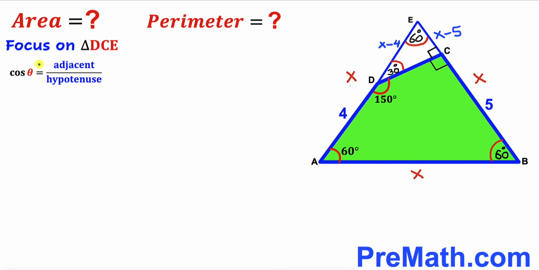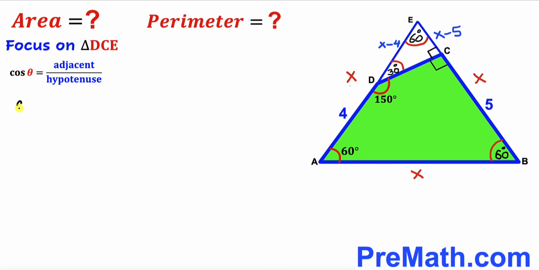Now let's recall this trigonometric ratio: cosine of angle theta is always equal to the adjacent divided by the hypotenuse. We can see our adjacent is x minus 5 and our hypotenuse is x minus 4, whereas our angle theta is 60 degrees.